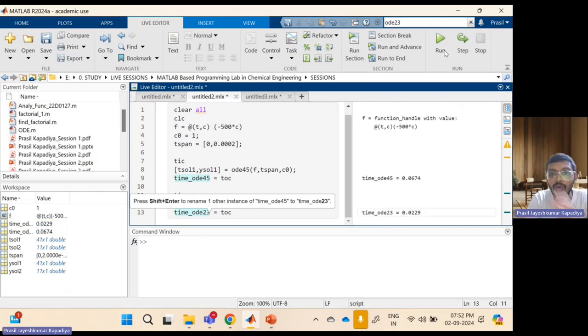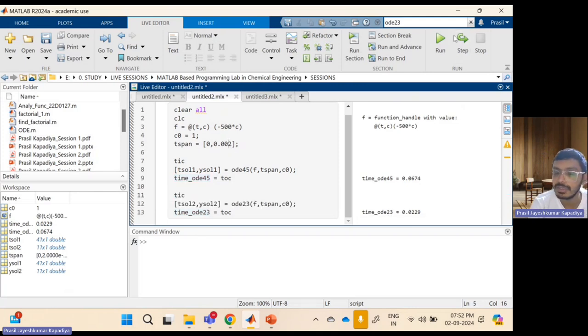See, ODE45 is taking longer time compared to ODE23. Let's see if I'm reducing this, it is obviously going to be more for ODE45 in all cases. So minus k into C, what is the value of k? 5 into 10 square.